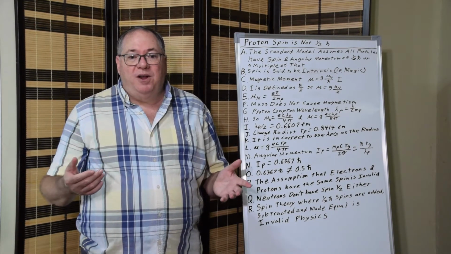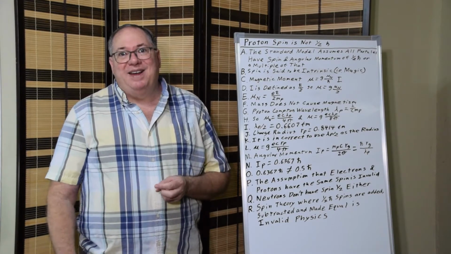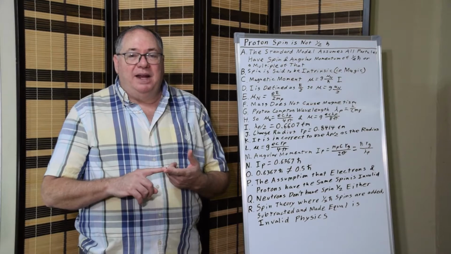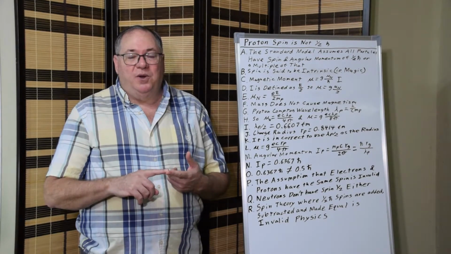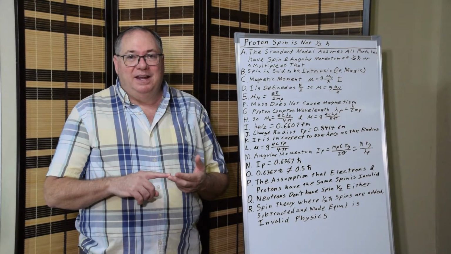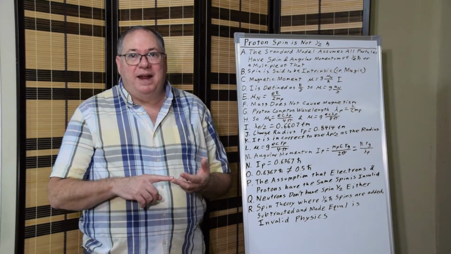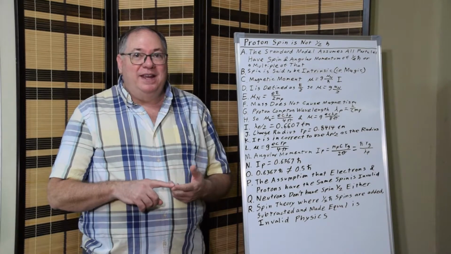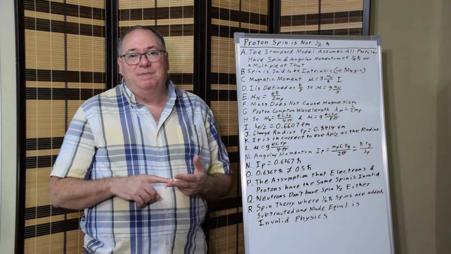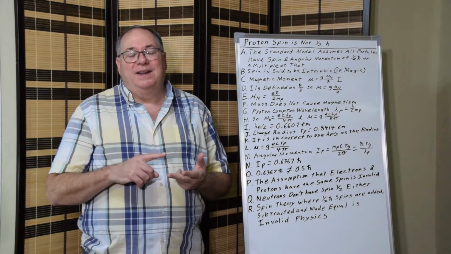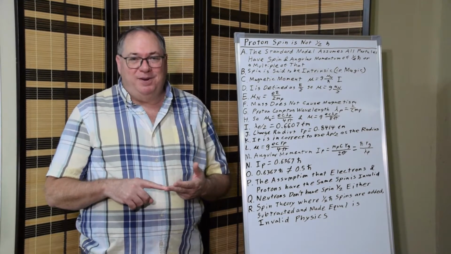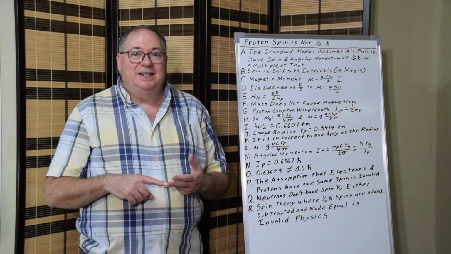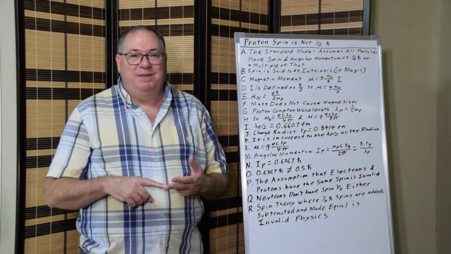So we also have the problem that neutrons don't have spin 1/2 either, because the neutron doesn't have the same mass as the proton, so it doesn't have the same effect on the nuclear magneton. And even if it did, its Compton wavelength is not the same as the proton Compton wavelength. And also, its true radius is not the same as the true radius of the proton.